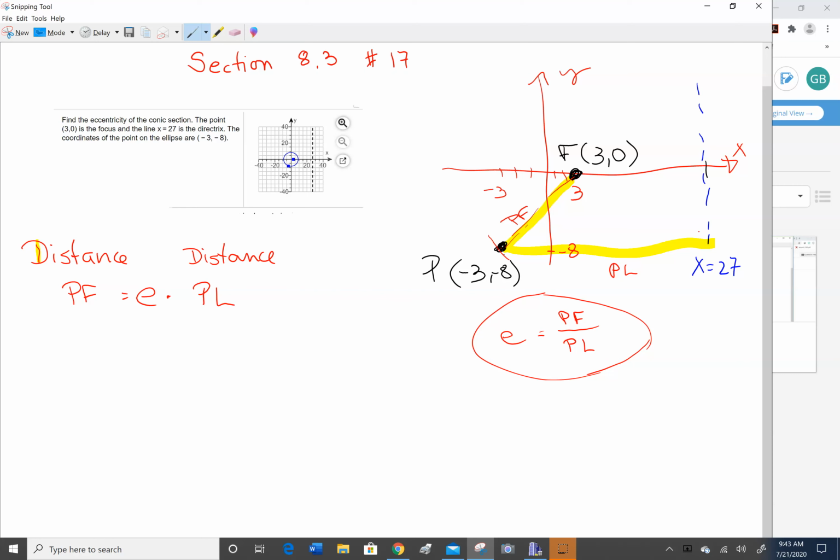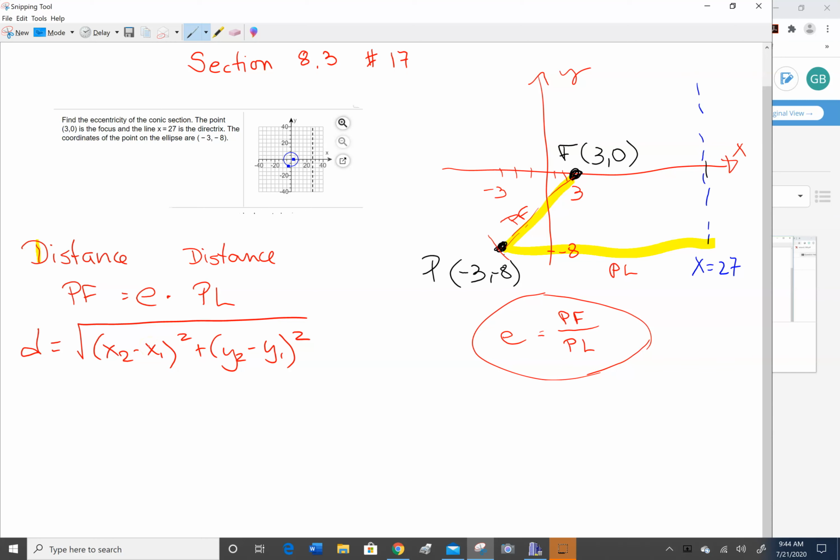So what we have to do first is find the distance between the point and the focus point. Let me remind you that the formula for the distance is the square root of (x2 minus x1) squared plus (y2 minus y1) squared. Which point you make the first point and which the second doesn't really matter.